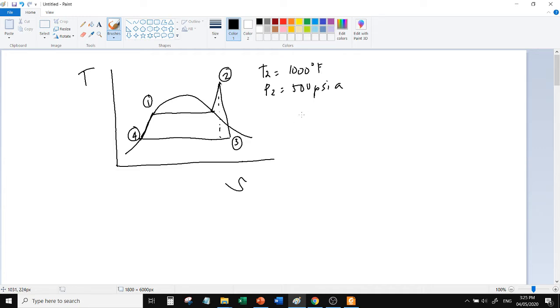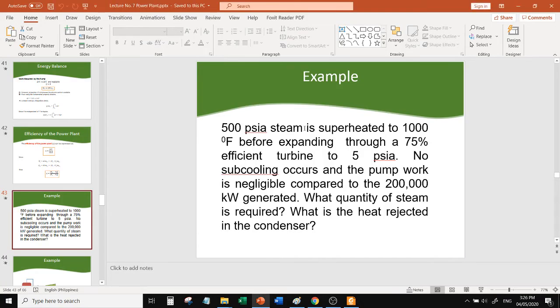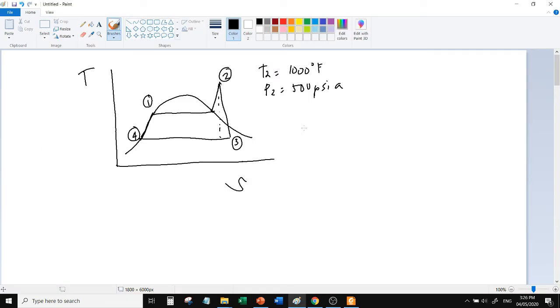And then, bit by bit, we solve for H and S at each point. That is our goal in order to find the quantity of steam and the heat rejected in the condenser.